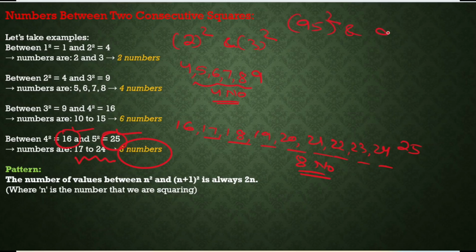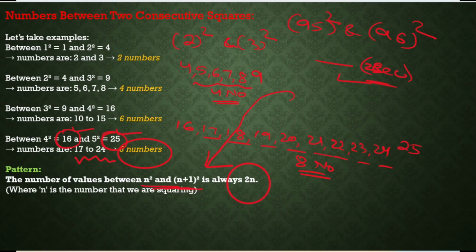So you have to find 95 square and 96 square. How many numbers are there in between 95 square and 96 square? The result should come within 2 seconds. Calculating 95 square and 96 square and counting the numbers between them is not possible in 2 seconds. So see this rule: the number of values between n square and n plus 1 square is always 2n.